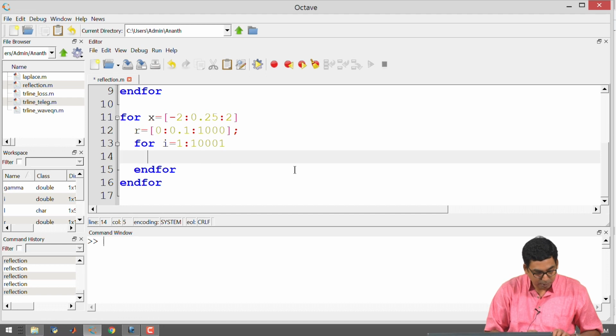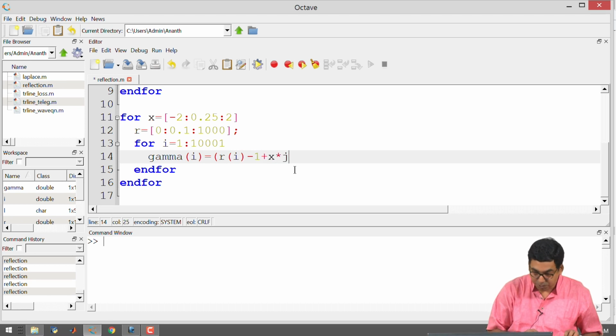will just calculate the value of gamma. Okay. Gamma of i was R minus 1. So, here now it is R of i minus 1 plus x into j, okay, divided by R of i plus 1 plus x into j.